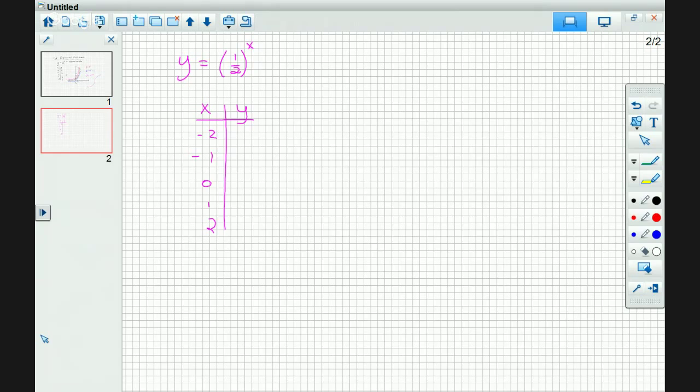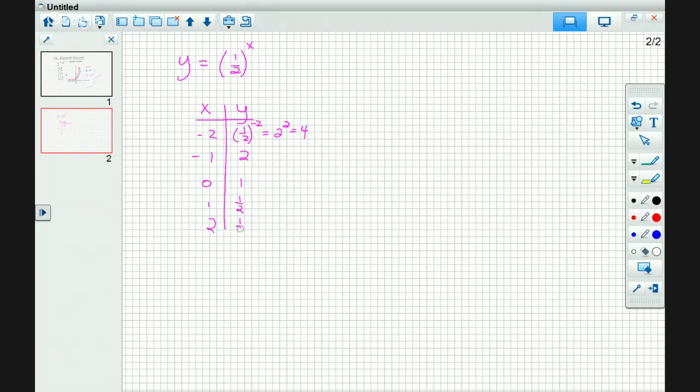What is 1/2 to the -2? What do you do with a fraction that's a negative exponent? Yeah, you flip it. So it becomes 2 squared, which is 4. That was one of those properties of powers that I was making sure you knew. This one would be 2. Still 1. And this will be 1/2.